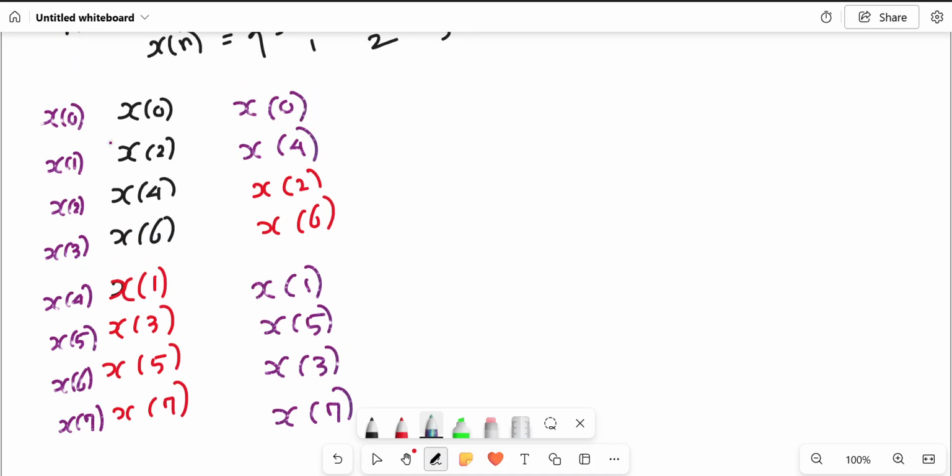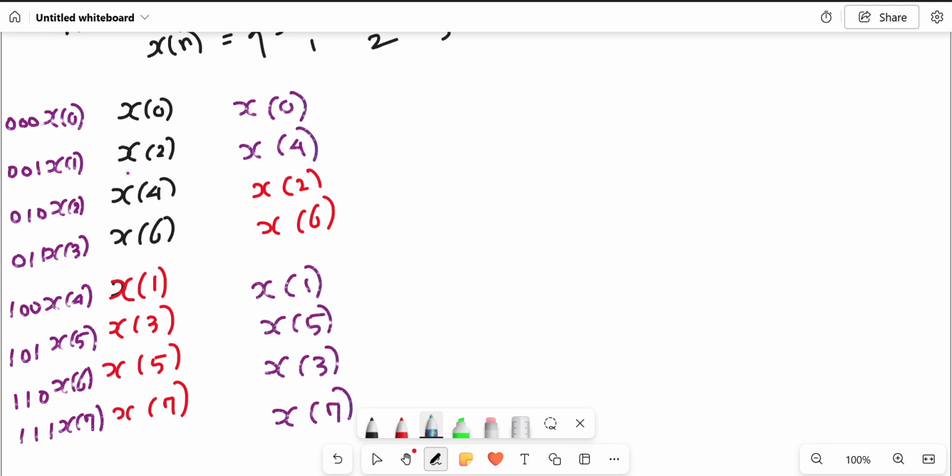If you see here, this sequence will be in binary representation 000, 001, 010, 011, 100, 101, 110, 111.